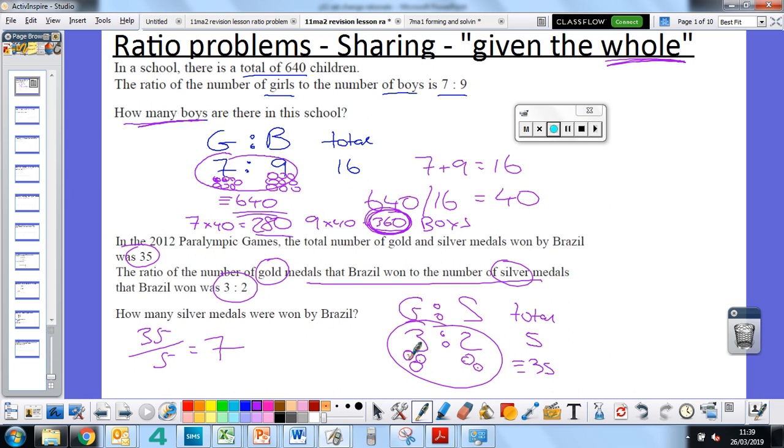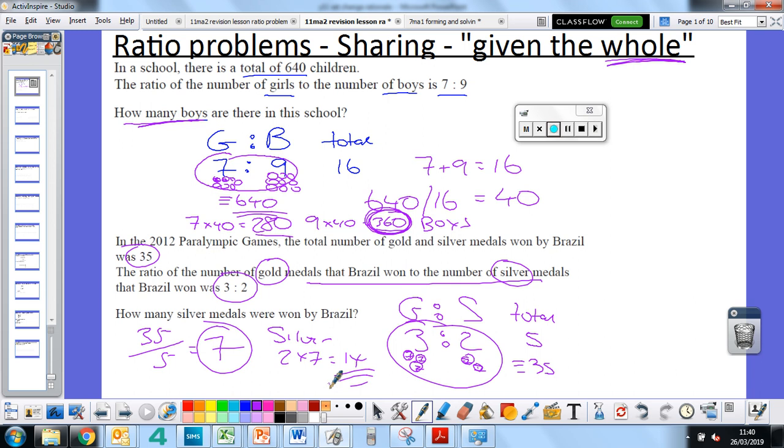That means that each one of the parts is 7. They want to know how many silvers we won. Silver is 2 parts. So for silver, it's 2 times 7 equals 14. And that's how we do the first one.